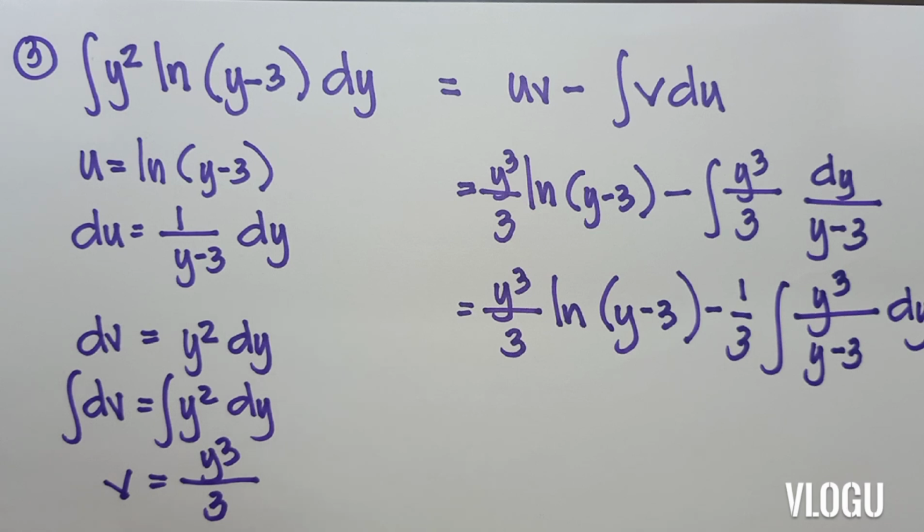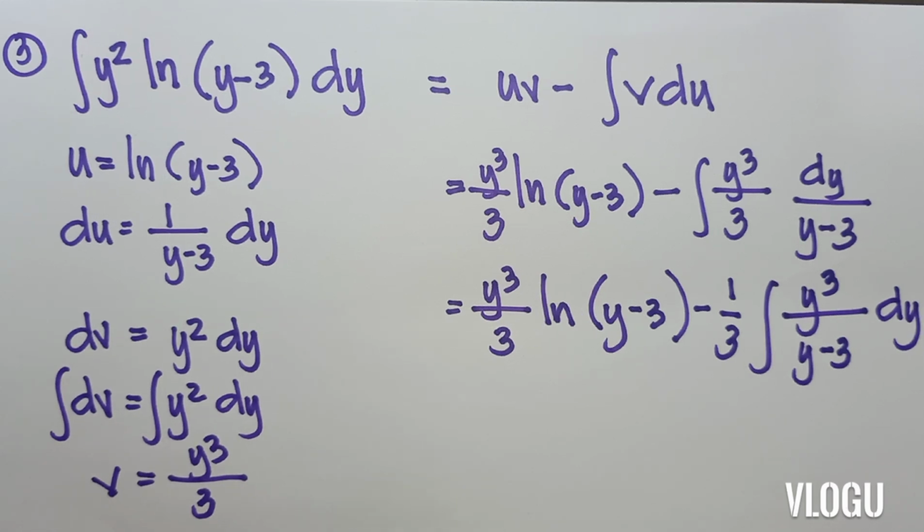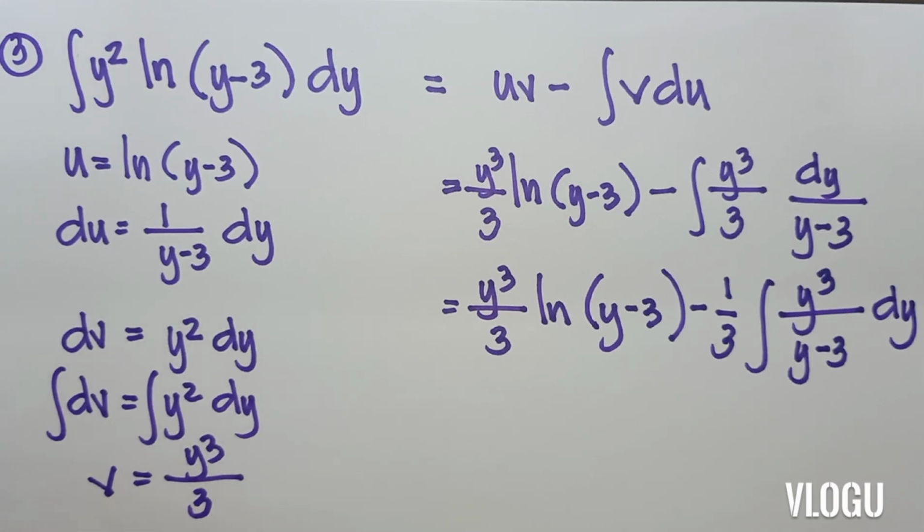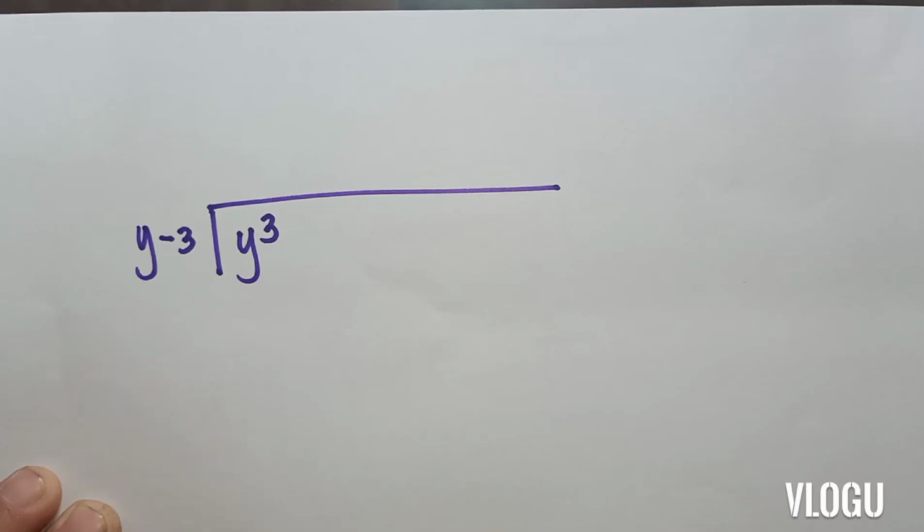So if we look at this one, y cubed over y minus 3, we are going to divide because the exponent of the numerator is higher than the denominator. So we divide y cubed by y minus 3.